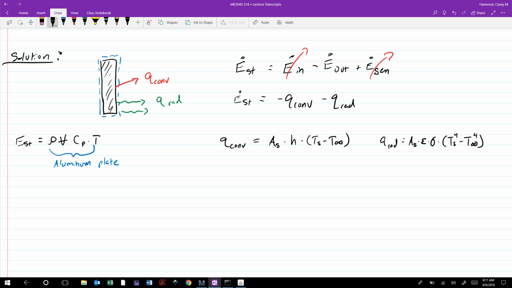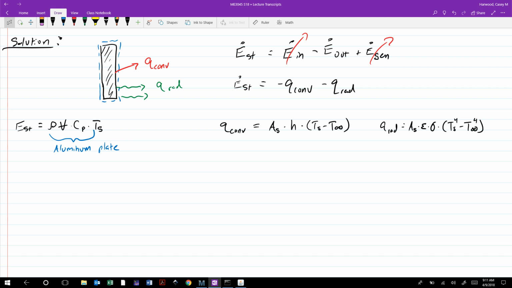And because we're assuming that the temperature of the plate is uniform, basically the temperature at the surface is the same as the temperature at the middle of it, T over here in this expression, we can go ahead and call that Ts because it's all the same. So now we're working with everything in terms of Ts.